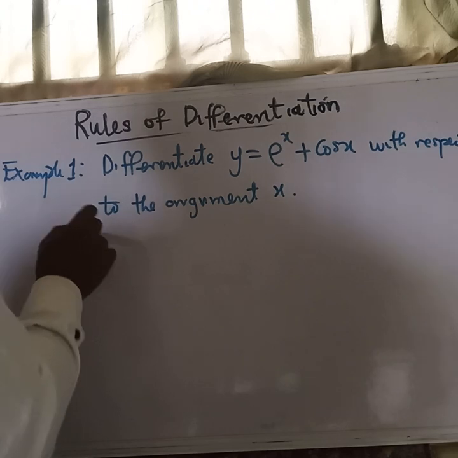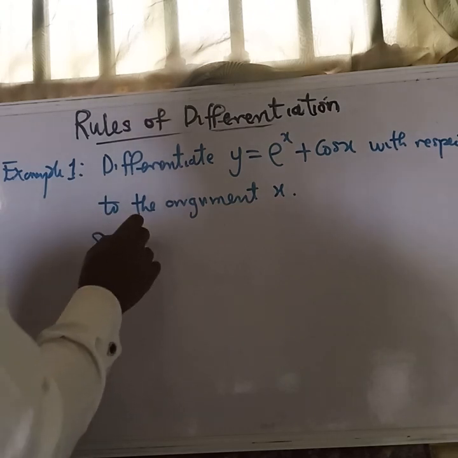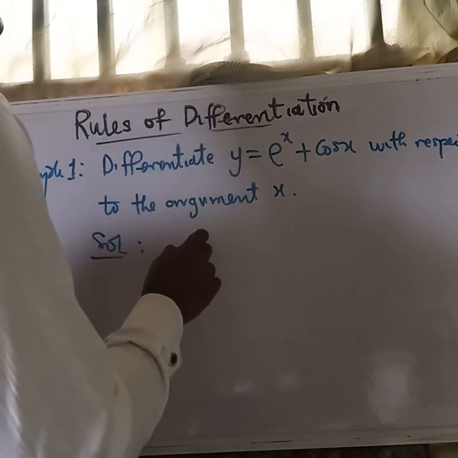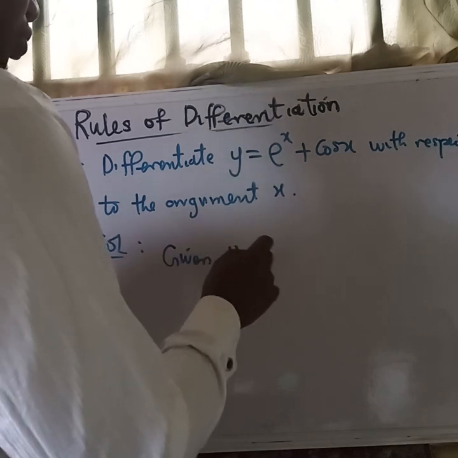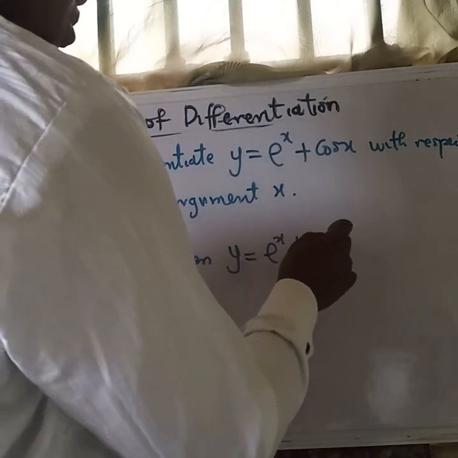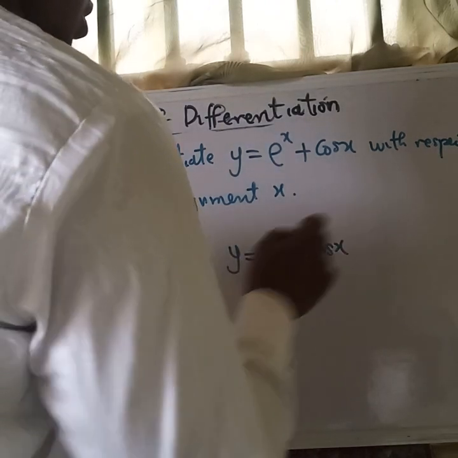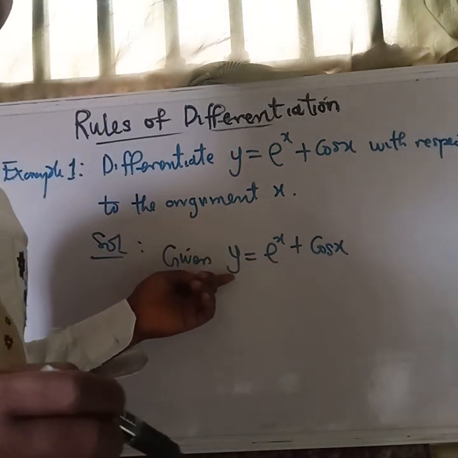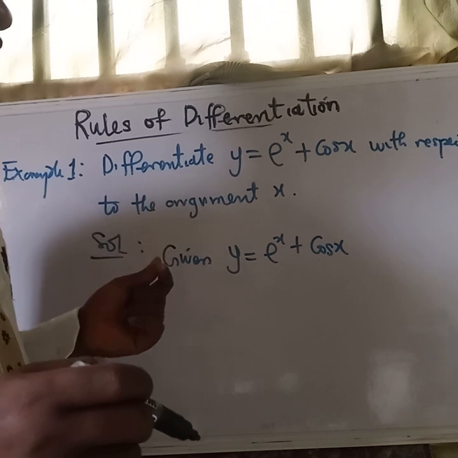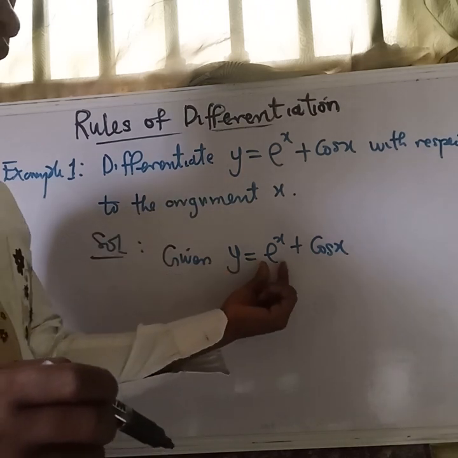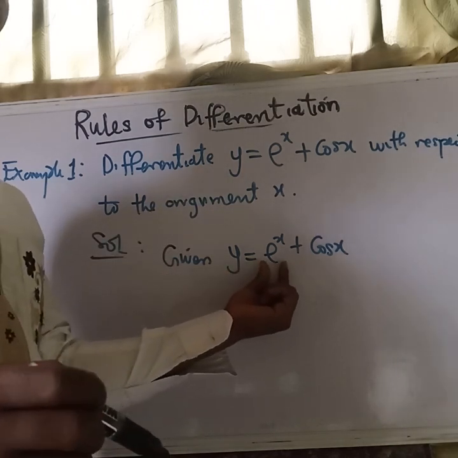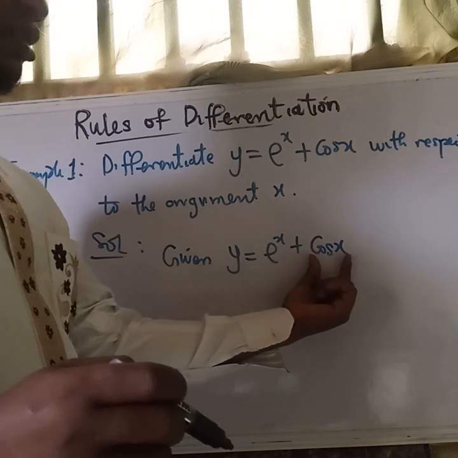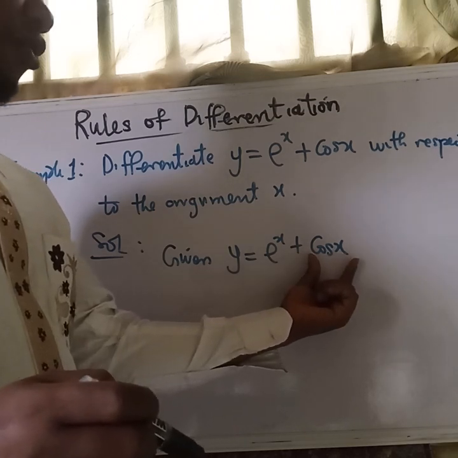Solution: we are given y equal to exponential x plus cos x. If we compare this function with the first function we considered earlier, we can regard this as a function u of x, and this as a function v of x.